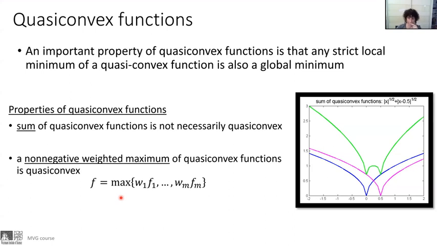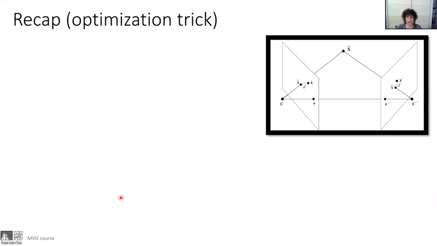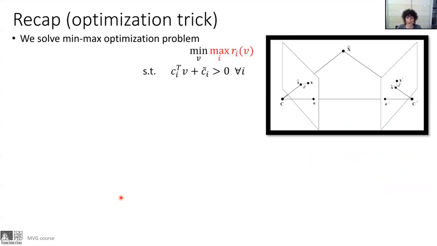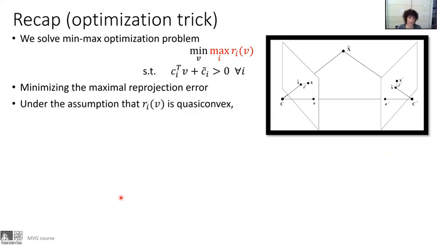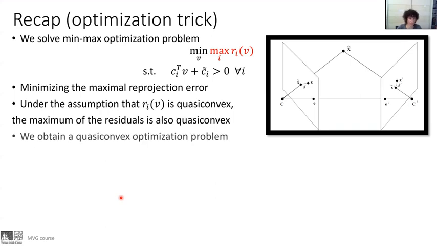I hope it's clear. Let's continue. Let me recap what we said. We solved a min-max optimization problem, which looks like this: minimum over the maximal residual under constraints. We minimize the maximal reprojection error, under the assumption that the residuals are quasi-convex. I didn't show it yet, but the maximum of the residuals is also quasi-convex.